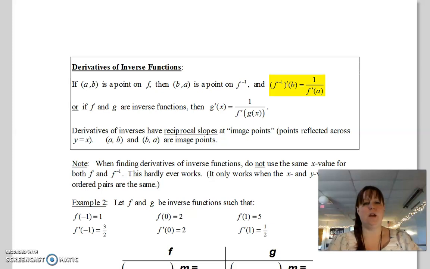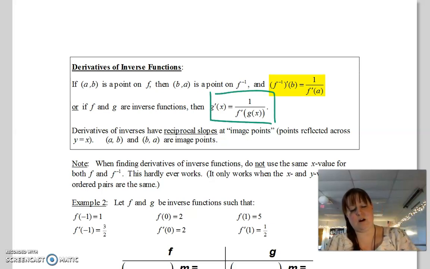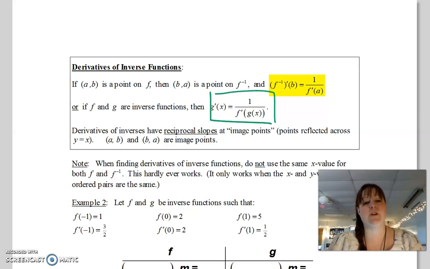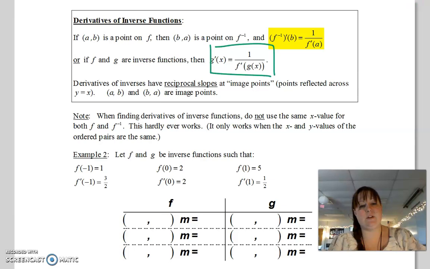You're going to see it this way a little more often: if f and g are inverse functions, then the derivative of g is equal to 1 over the derivative of f at g. Just remember that they have reciprocal slopes at image points, which are the points that are reflected across y equals x.